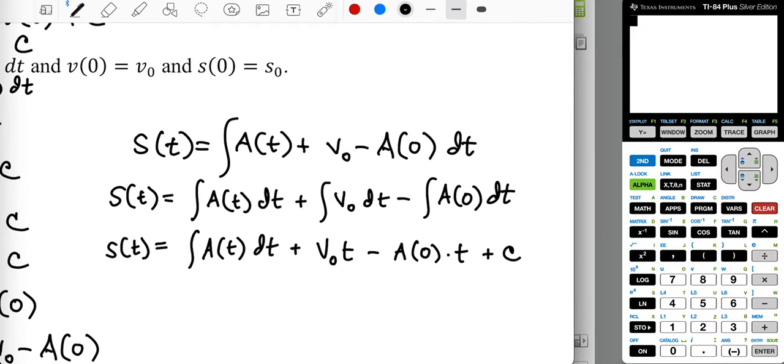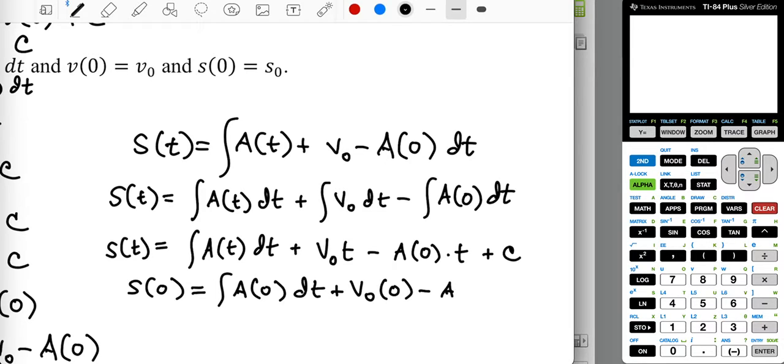All right, so what we're going to do now is evaluate this for 0. So S of 0, antiderivative a of 0 dt plus V sub 0 times 0 minus, I keep saying O, a of 0 times 0 plus c. Okay.